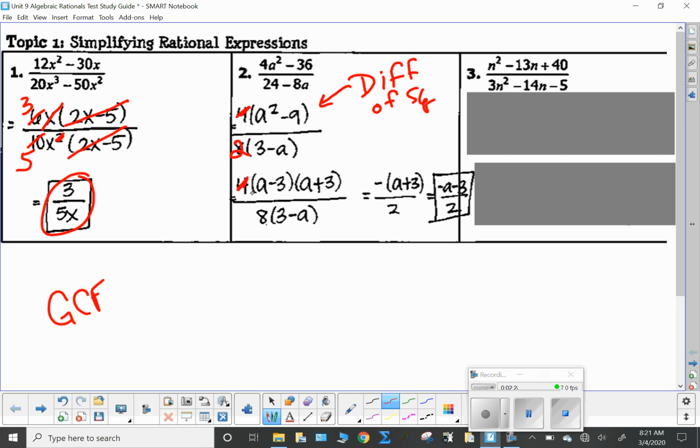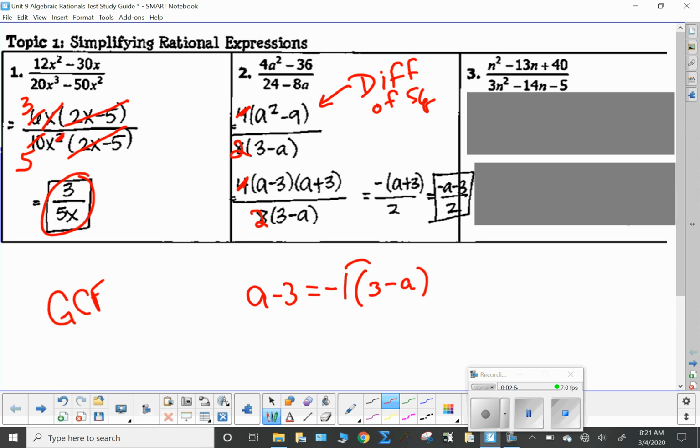And don't forget, I've already taken care of this. So what am I going to do? I'm going to take a negative 1 out of that. So a minus 3 is equal to negative 1 times 3 minus a. Notice the 3 became positive.